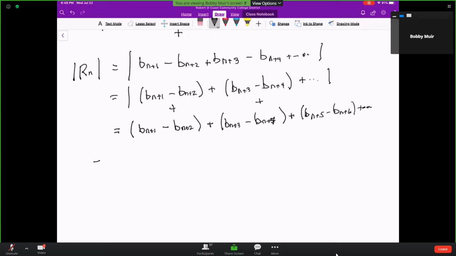Okay, now again, I'm going to use my associative law that I'm skeptical to use. And then it's going to be minus b n plus 2 minus b n plus 3. So I'm reassociating: minus b n plus 4 minus b n plus 5, minus ... All of these guys are positives because it's a decreasing sequence.